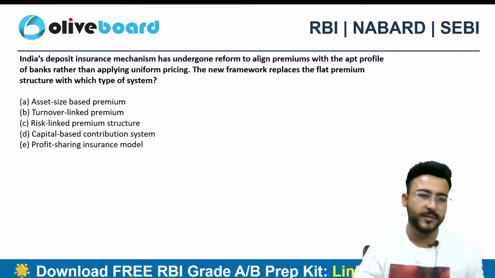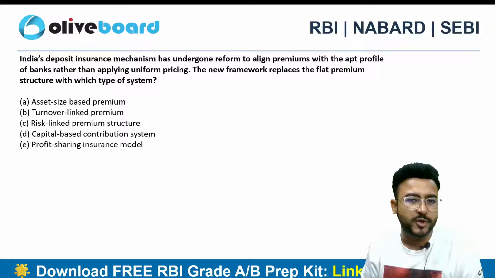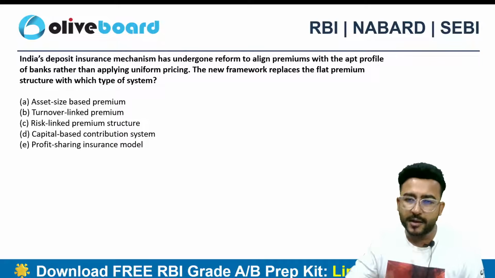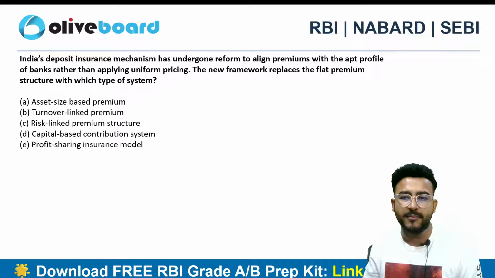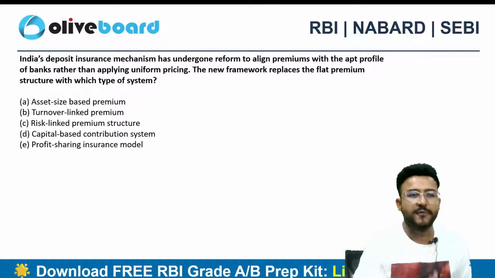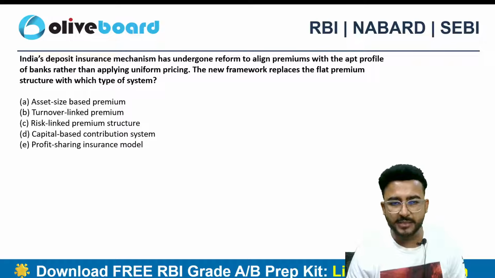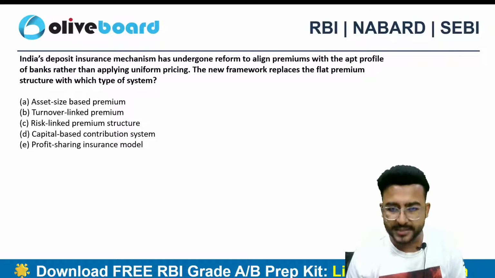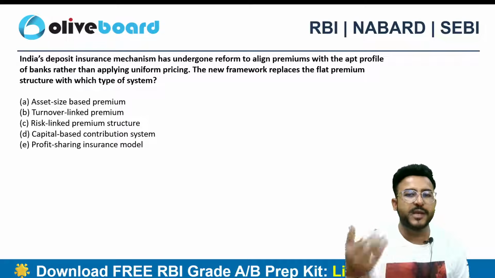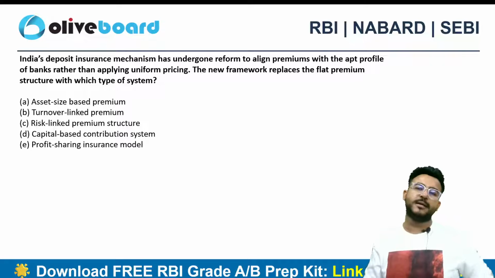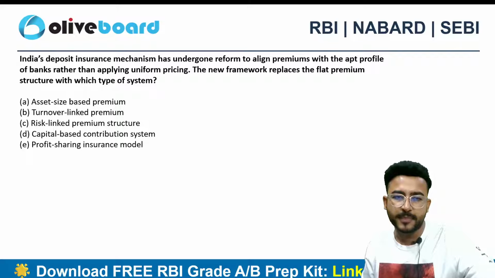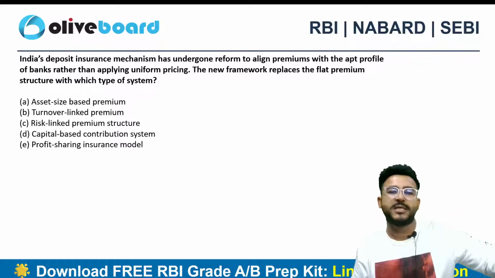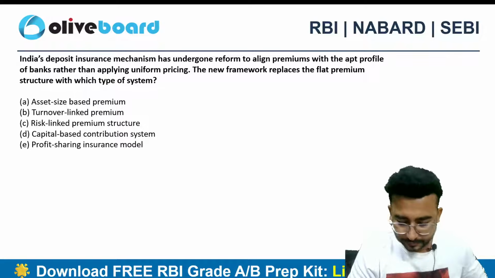It is 5 lakh. India's deposit insurance mechanism has undergone reforms to align premium with the risk profile of the banks rather than applying uniform pricing. Can you tell me which is the new framework that is going to replace the flat premium structure with which type of system?